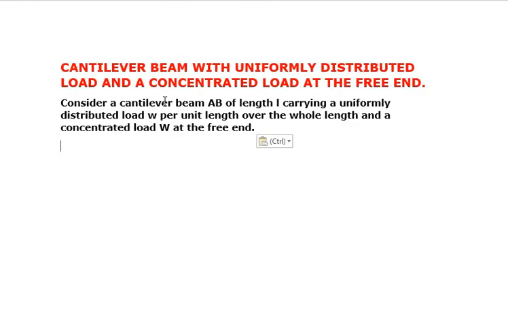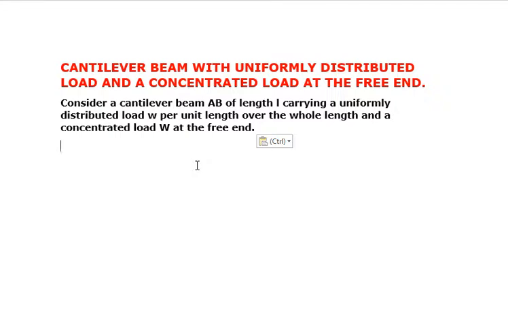Hello friends, today we will discuss a cantilever beam with uniformly distributed load and a concentrated load at the free end. So the topic is cantilever beam with uniformly distributed load and a concentrated load at the free end.